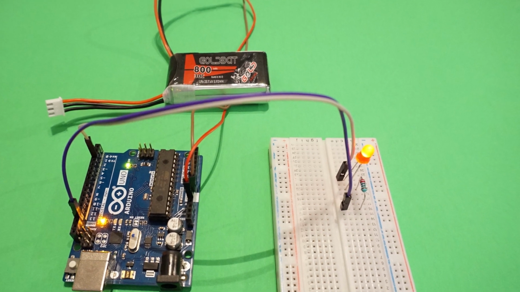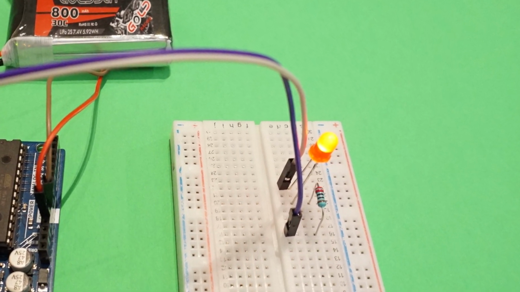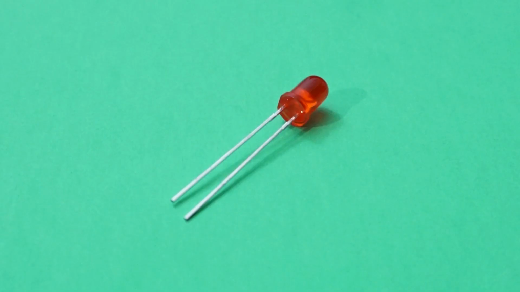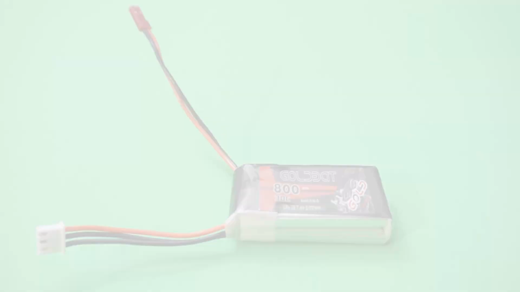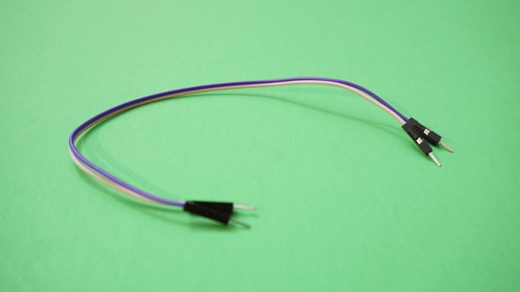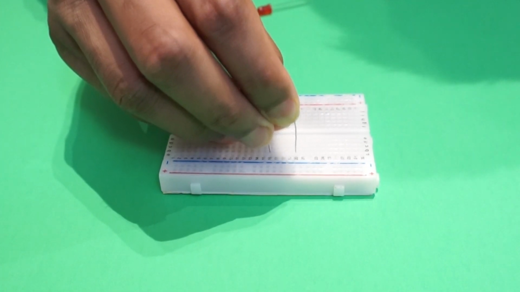Now let's take a look at a simple demonstration where we will blink an LED every 1 second. We will need the following components: Arduino Uno, LED, resistors, 7 to 12 volt DC battery, breadboard and a few jumper wires. Let's make a connection as per the circuit diagram. Connect the LED and resistor on the breadboard.